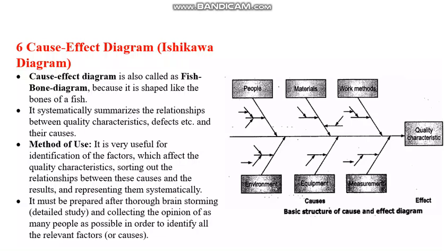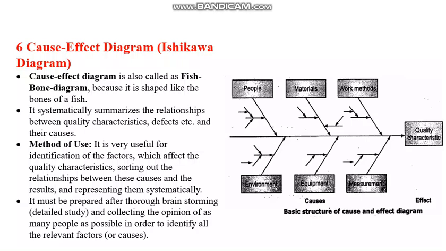This cause-effect diagram is also called the fishbone diagram because by looking at it, it will look like the bones of a fish, with the central stem, and then branches like a fishbone. So what is this diagram?